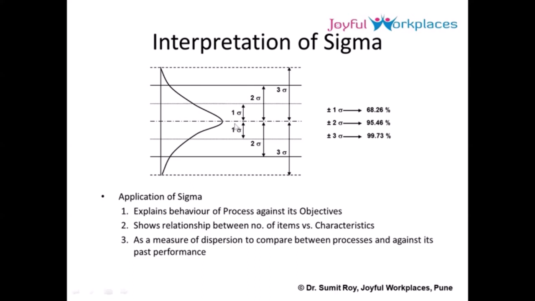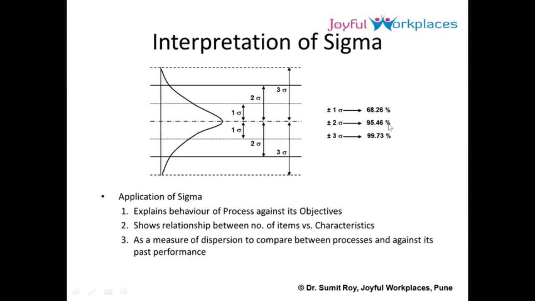So if I take one standard deviation distance from the average, add it and get a line, subtract from the average, draw a line, then you will find that as many as 68.26%. So roughly, if this frequency diagram has been obtained by measuring 100 parts, then about 68 parts will remain between these plus minus 1 sigma lines.